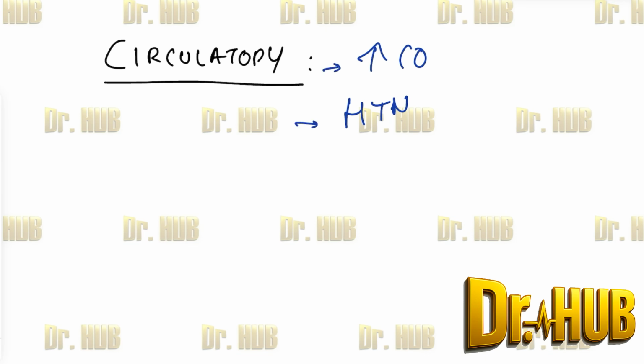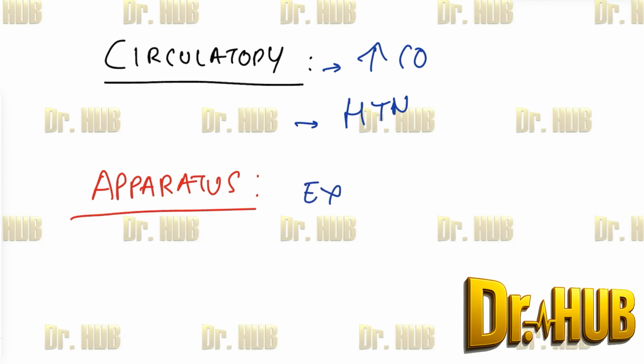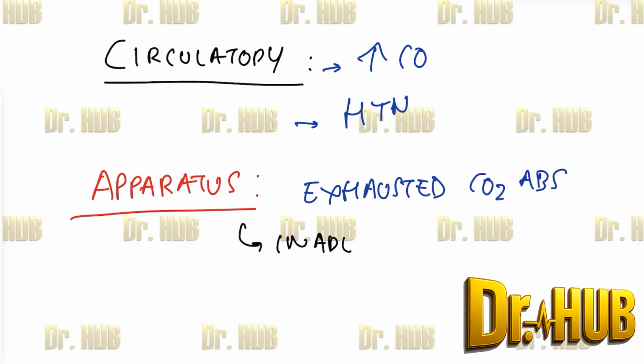Then there are also chances of apparatus malfunctioning, so apparatus defects. This can include the exhausted CO2 absorber and inadequate fresh gas flow.